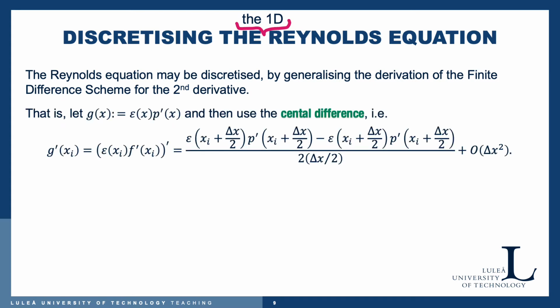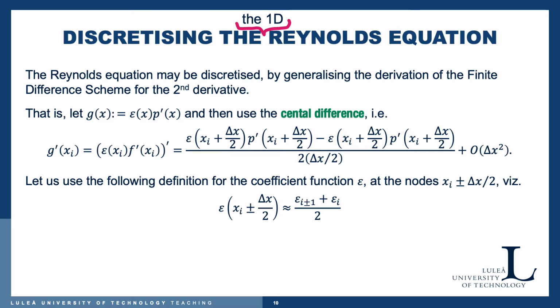To do this, let G be epsilon p prime of x, and we use the central difference in the intermediate nodes, the half spacing interval, and by that central difference we immediately obtain this expression for the derivative g prime in point x_i.